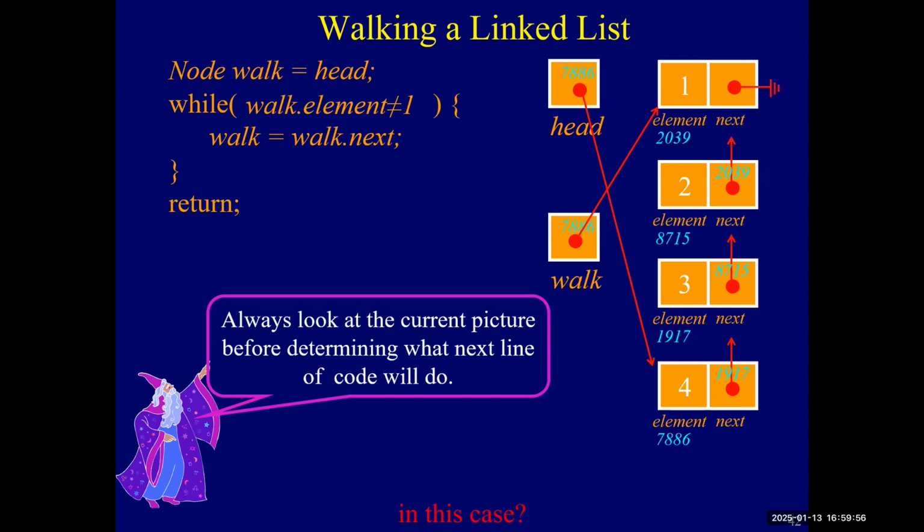What's the picture in this case? I have a linked list and walk is pointing somewhere. So you get in your mind what that is. Generic linked list, walk is pointing somewhere. What does the code do? It makes progress while maintaining the loop invariant. It's still pointing somewhere, but it's pointing closer to where you want to be.